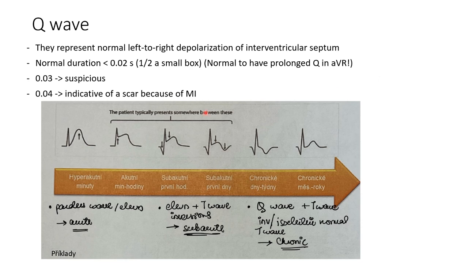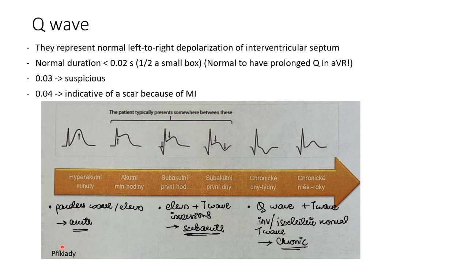If it's around 0.03, it's suspicious, and if it's 0.04, then it's indicative of a scar after an MI. So the context you'd be seeing this in your ECGs is mostly an MI. Either it could be a subacute one, or it could be a chronic MI if that's the only change that is present and all the other QRS complex findings are normal.